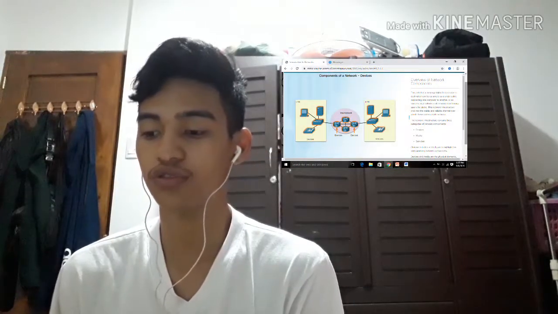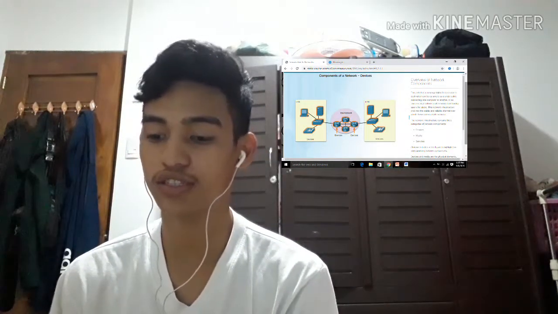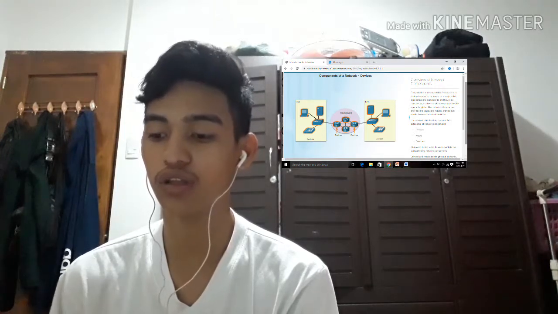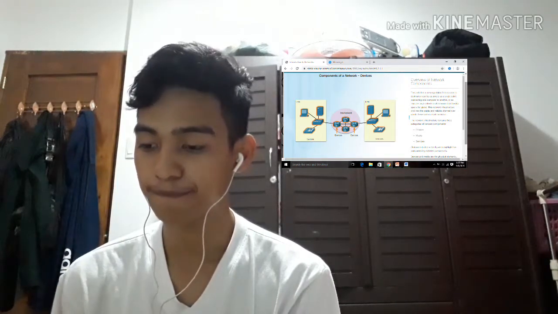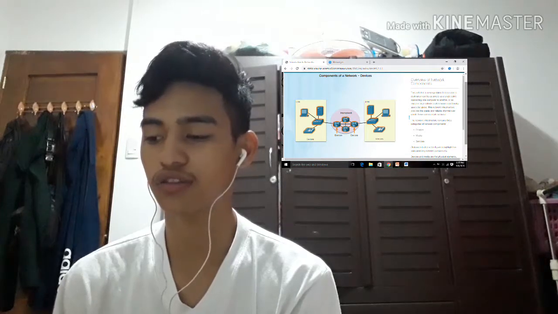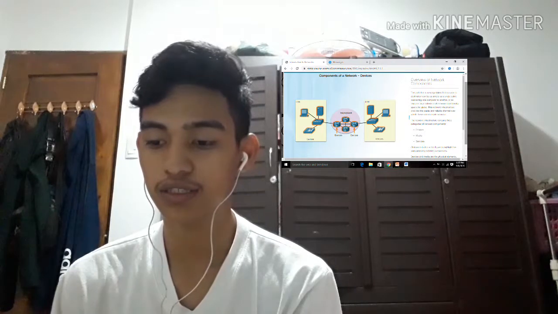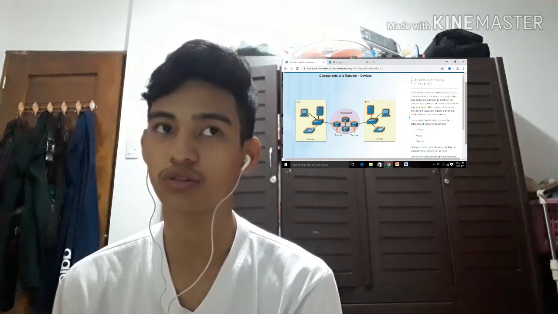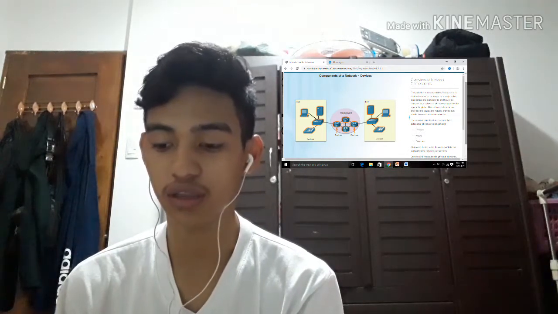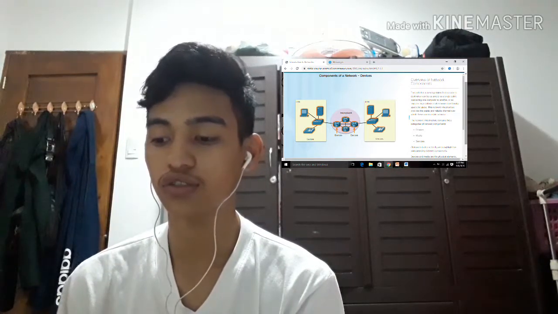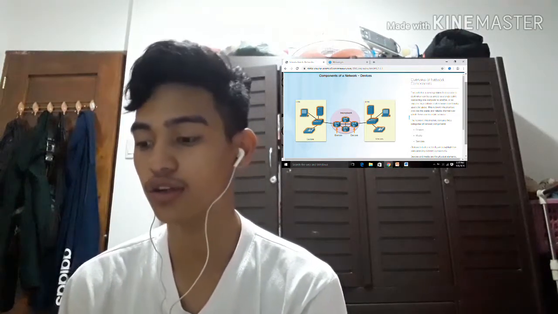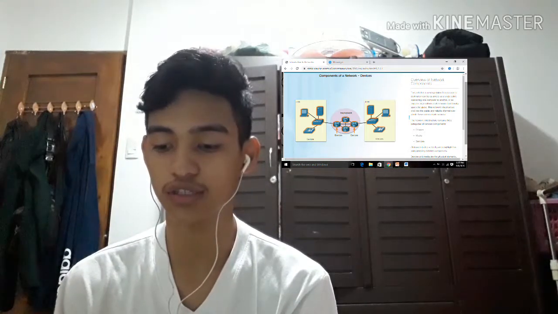First, let's discuss the components of the network. The path that a message takes from source to destination can be as simple as a single cable connecting one computer to another, or as complex as a collection of networks that literally spans the globe. That's the introduction about the complexity of the network. Then, the network infrastructure contains three categories of network components.